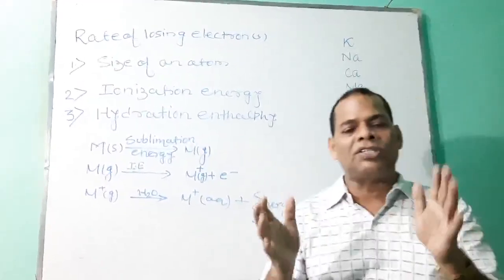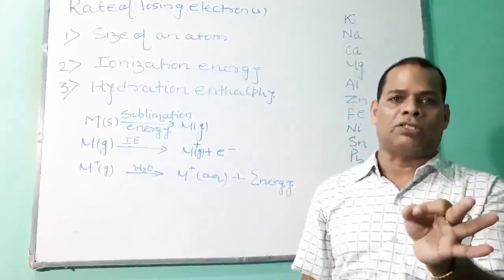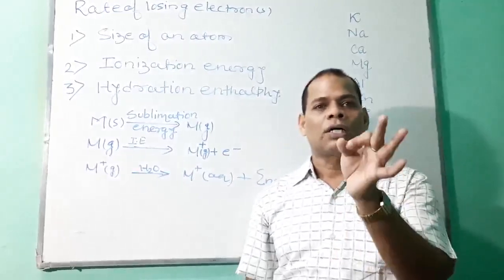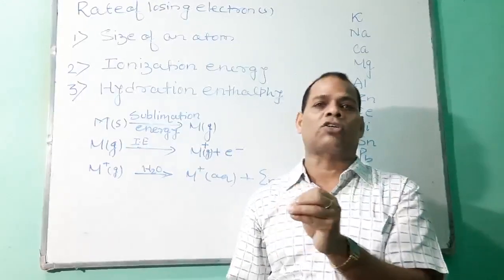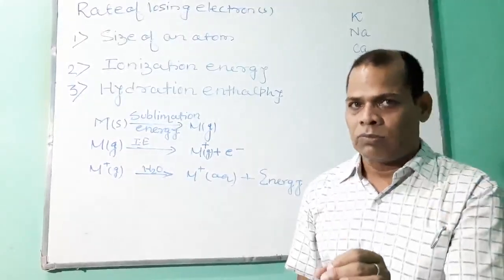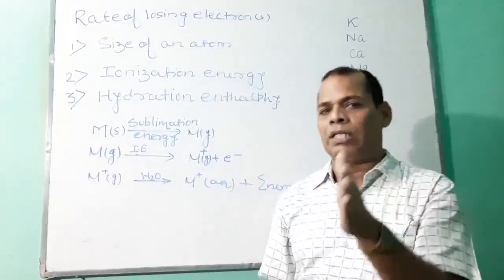What is ionization energy? The amount of energy required to remove an electron from an isolated gaseous atom. It is also called ionization enthalpy.